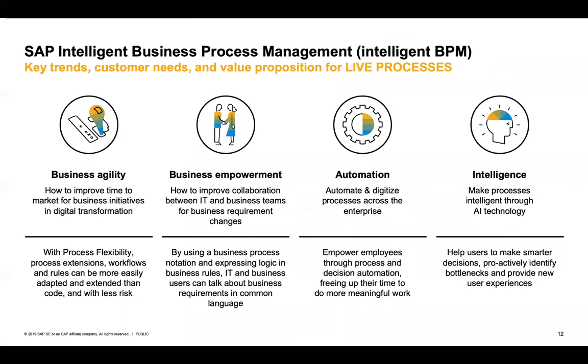When we take a look at the key trends and customer needs, and where we would like to support you with SAP Intelligent Business Process Management, I think we can more or less focus on four areas. On the one hand, in these ever-changing environments, talking about digital transformation as one buzzword, it's of course interesting for you to be able to change your business very flexibly.